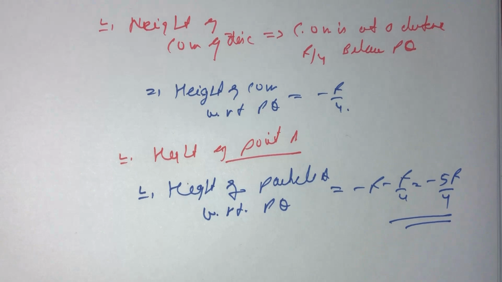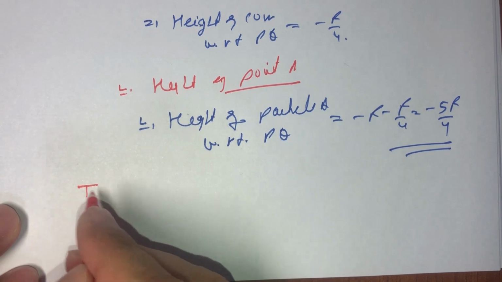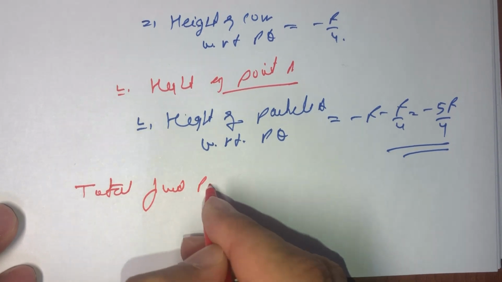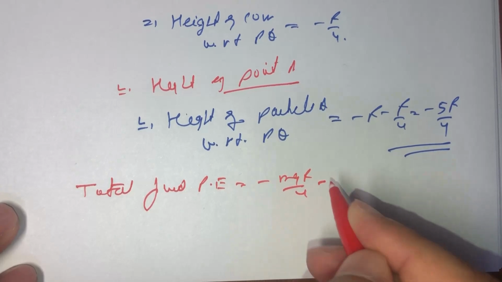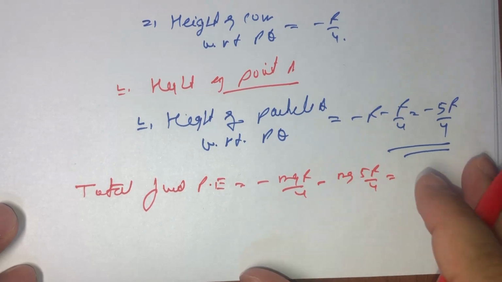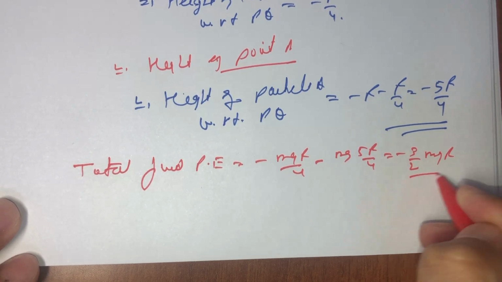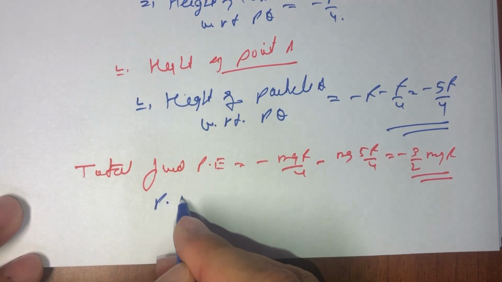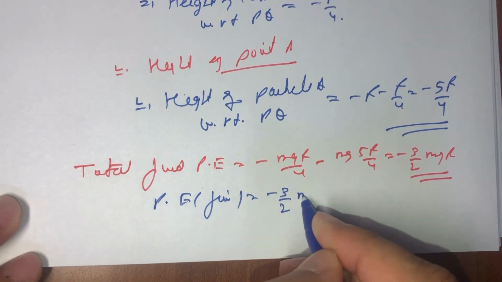So therefore the total final potential energy will be equal to minus mgr upon 4 minus mg 5r upon 4, and this comes as minus 3 by 2 mgr, or we can write it as potential energy final will be equal to minus 3 by 2 mgr.